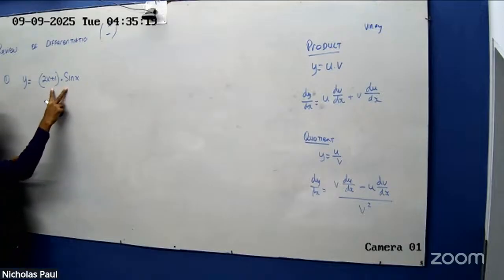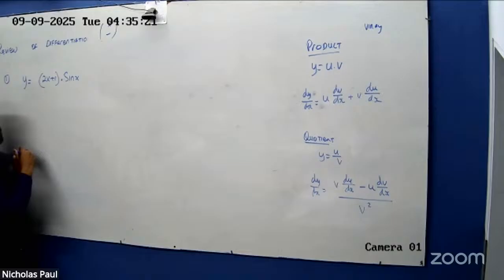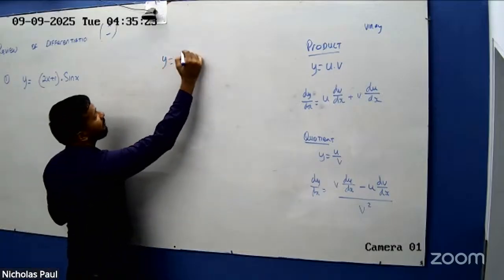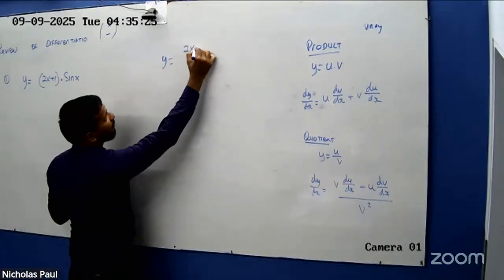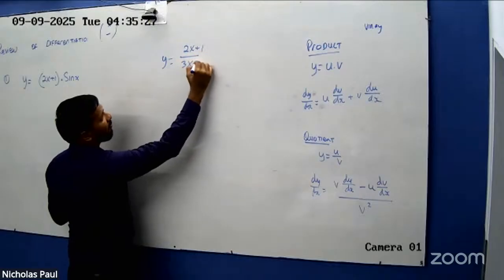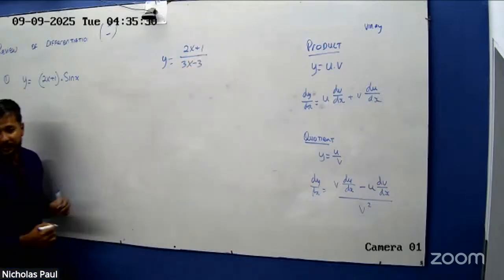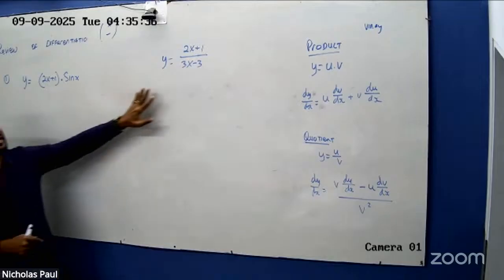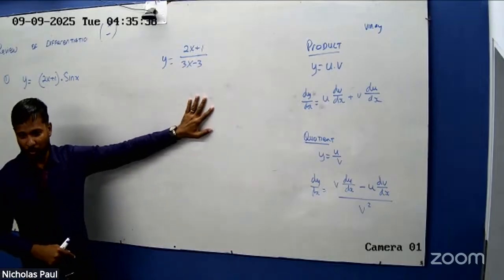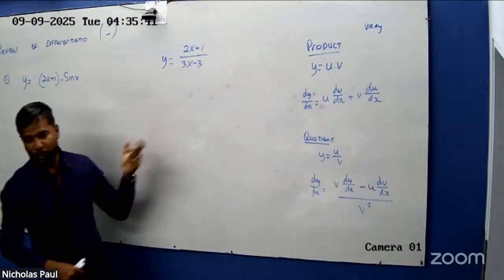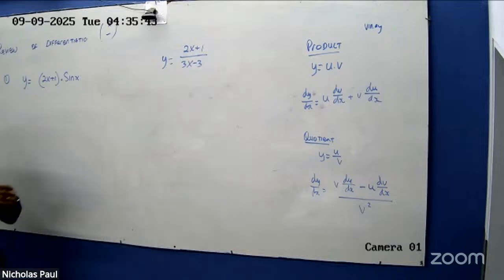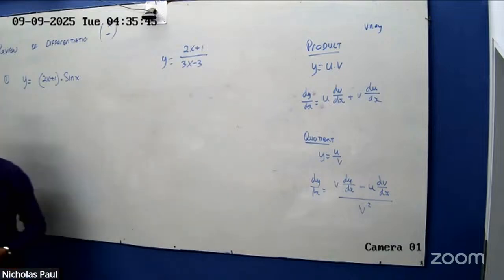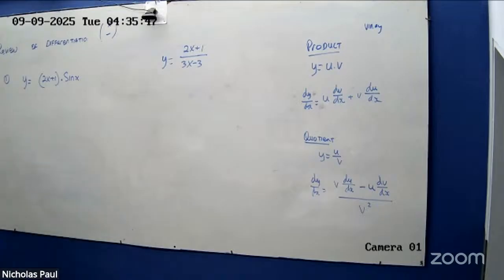A product means you have two functions that you're multiplying. What's this here? Quotient. So in this case, we're going to use the product rule. In this case, we're going to use the quotient rule. Write down the formula and I want to show you how to do it. I will do the quotient rule first, then we will try product. Write down the rule.